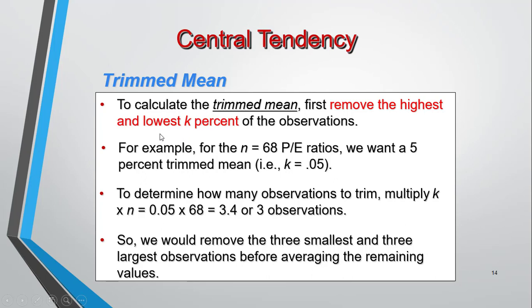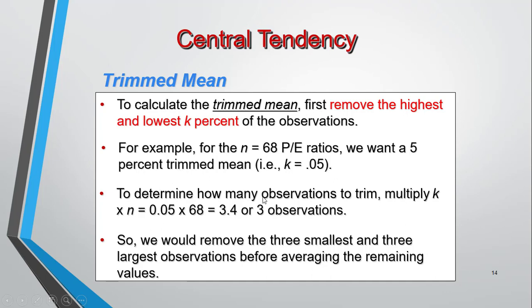You remove the highest and lowest k% of the observations. K could be any number you want to define. For example, we can take k equal 0.05. That is 5%. We trim off 5% of the observations. For the P/E ratio number of n of 68, we want to get 5% trim.